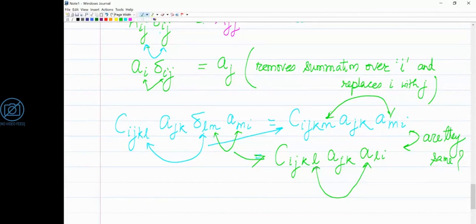You can replace that symbol with any other symbol. So l here you can replace with m, or m here you can replace with l. And both of them then become the same, isn't it? Yes, sir. Okay, so that's the advantage of having the Kronecker delta and how it operates.